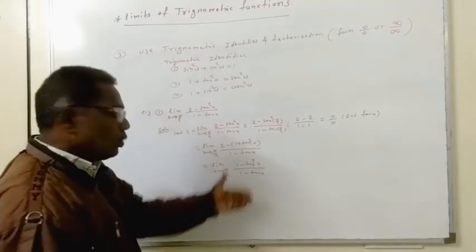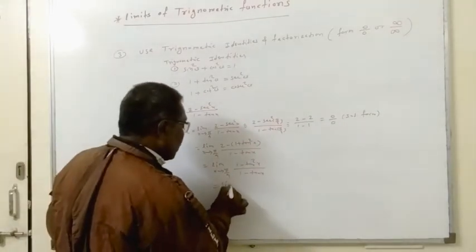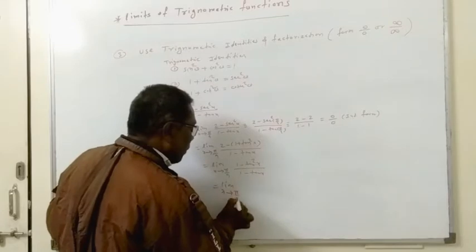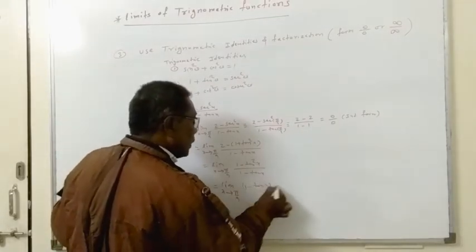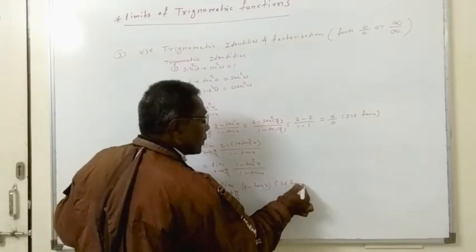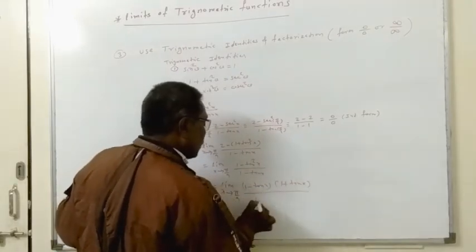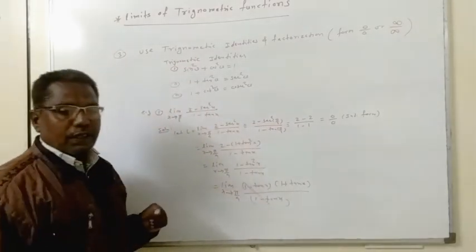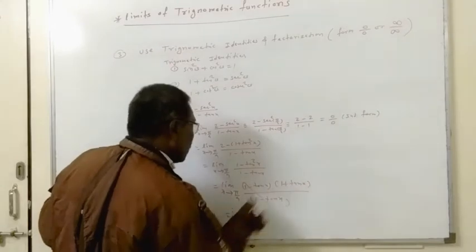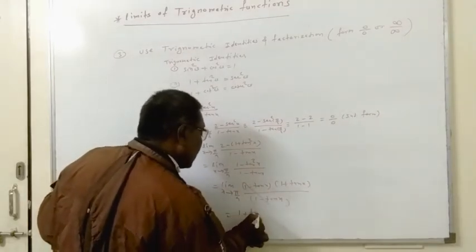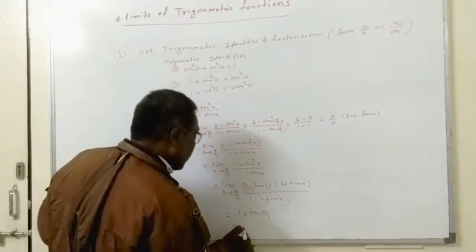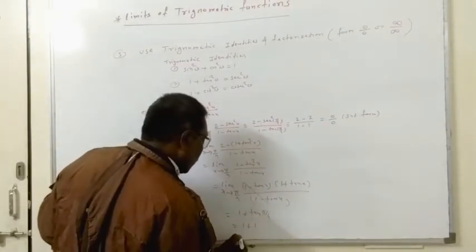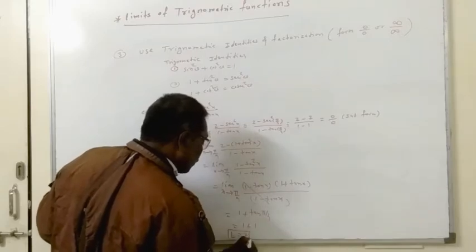Next we use factorization. 1 minus tan square factors as (1 minus tan x) into (1 plus tan x), divided by (1 minus tan x). Now this factor 1 minus tan x gets cancelled. So we use the direct method: 1 plus tan pi by 4, that is we are out of the indeterminate form. 1 plus tan pi by 4 is 2, so the required limit is 2.